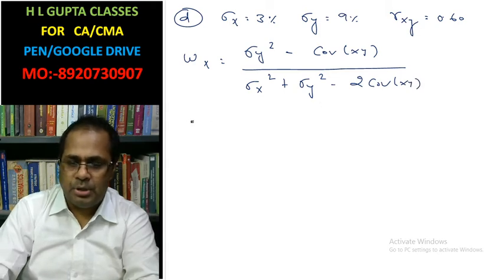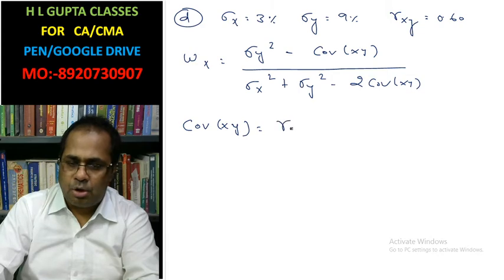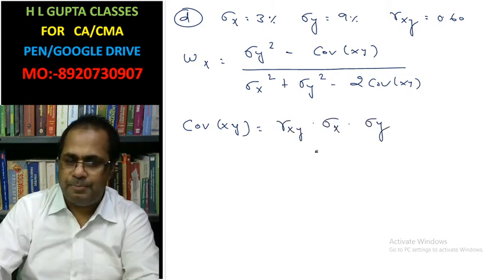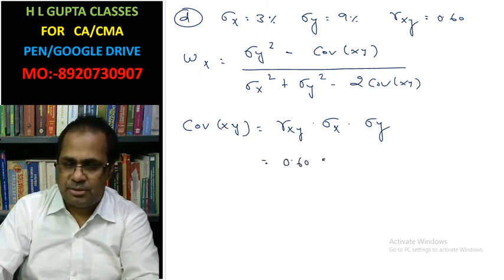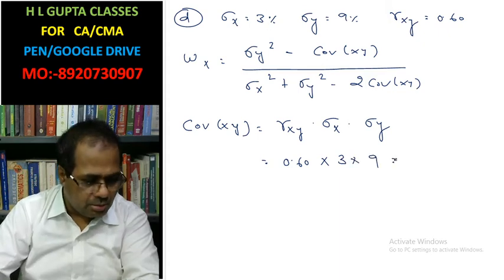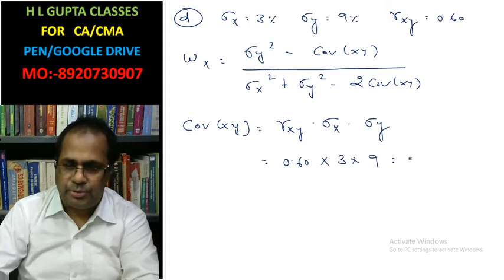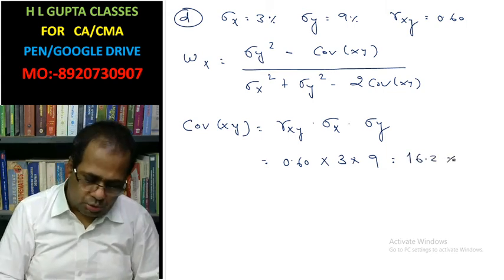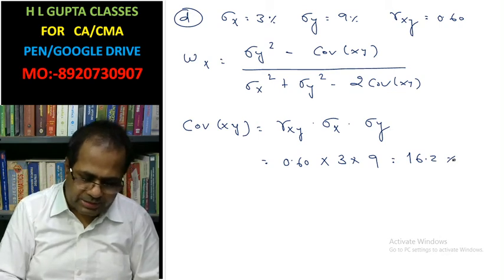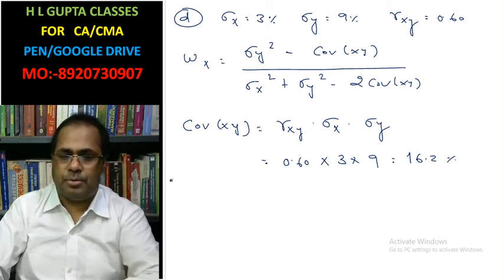Covariance xy is coefficient of correlation xy times standard deviation x times standard deviation y, 0.60 into 3 into 9, this is 16.2%. 27 into 0.6 is 16.2%.